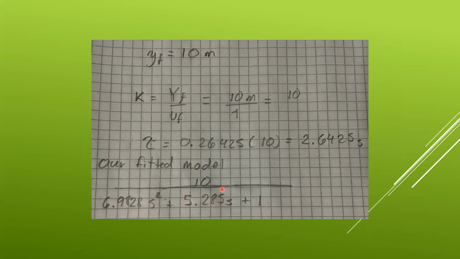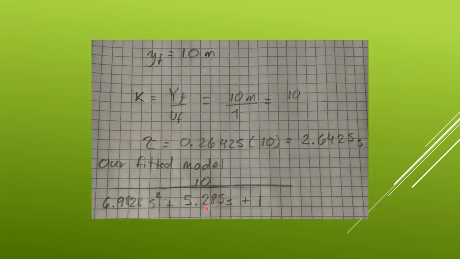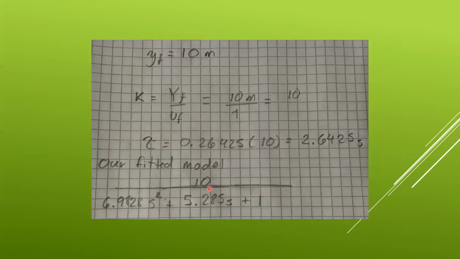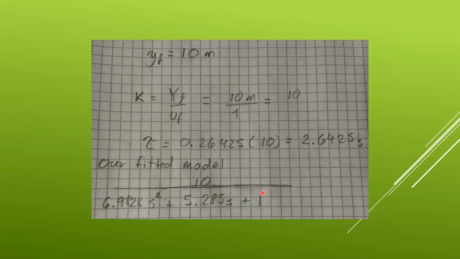And then we have the next term, which is going to be 2 times a times b, which is going to be 5.285 s. And our last term, which is going to be a square of 1, which is going to be 1. So this is our fitted model.